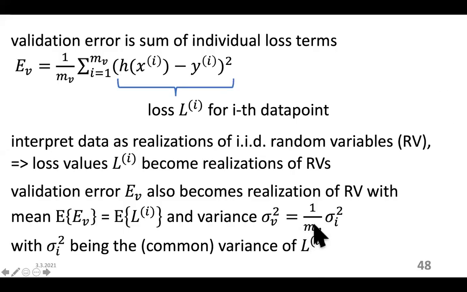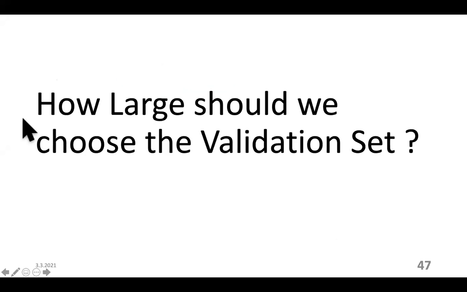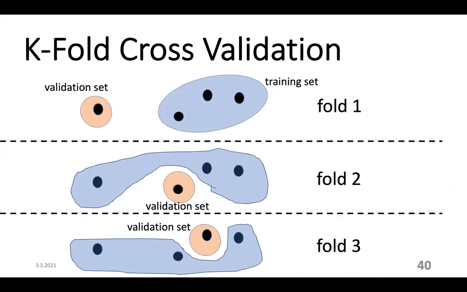By this H superscript B, I mean that for each repetition in this k-fold, you have a different training set. And since you have a different training set, you will get a different hypothesis map because you minimize the training error on this set. In the second fold, you get another, slightly different hypothesis map because you minimize the training error on that different training set. So for each fold, or each repetition, you get a different hypothesis.